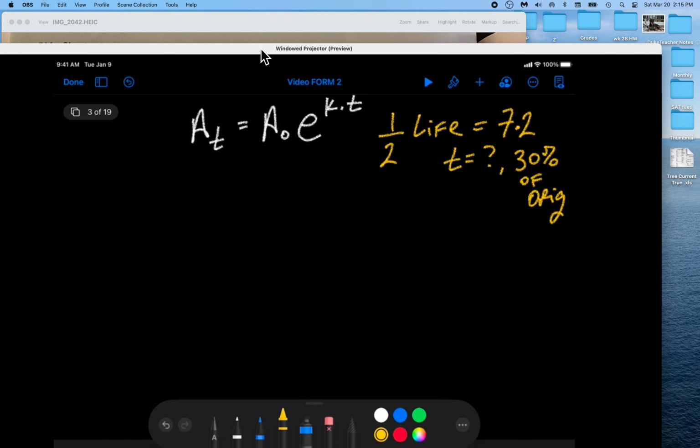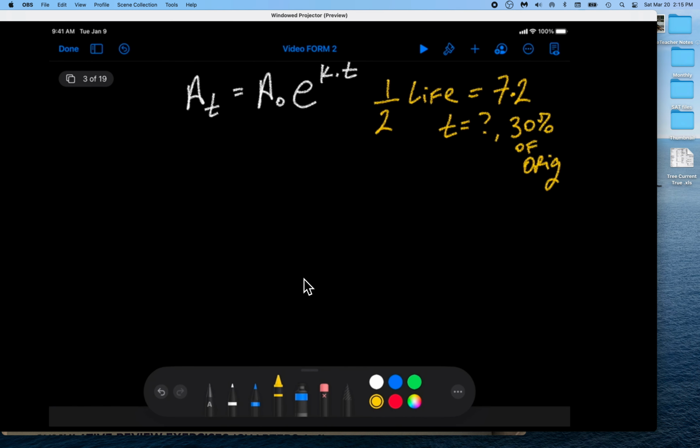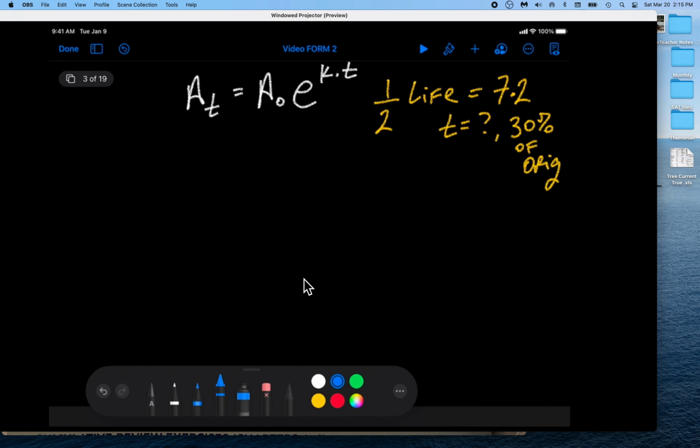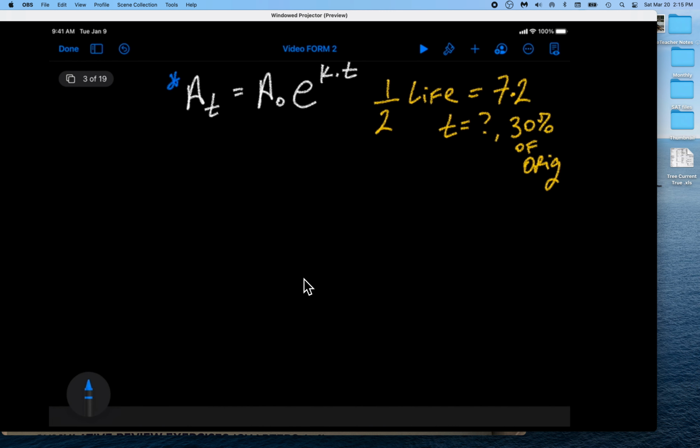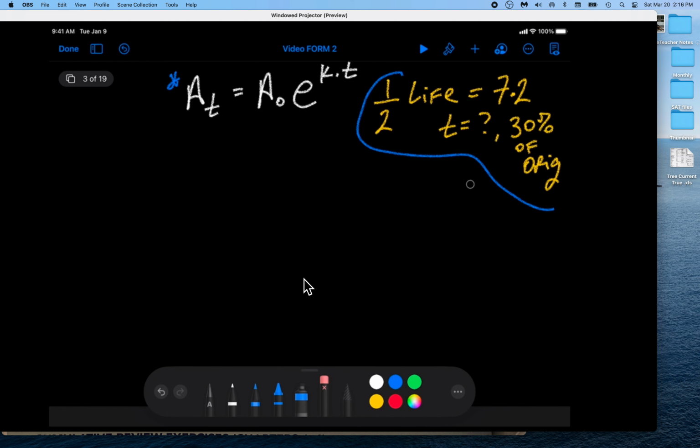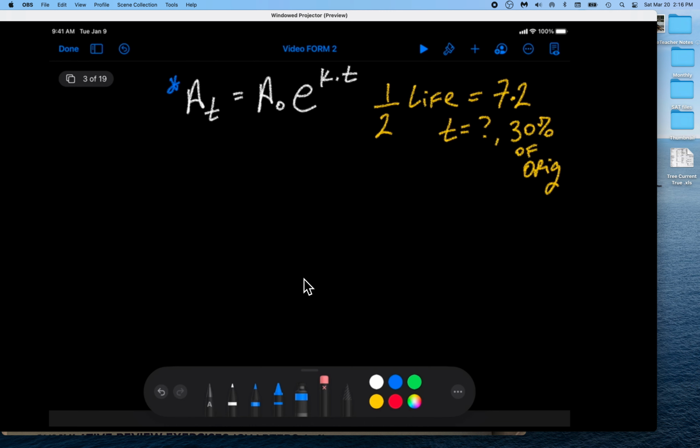Okay. The goal here, ladies and gentlemen, is the same in all of these problems. We're going to find the model, which involves finding k, and then we can handle any question they ask us. If they want to know the time of 30% of the original, we can do that. If they want to know the time of 50% of the original, anything they throw at us, we can handle it.